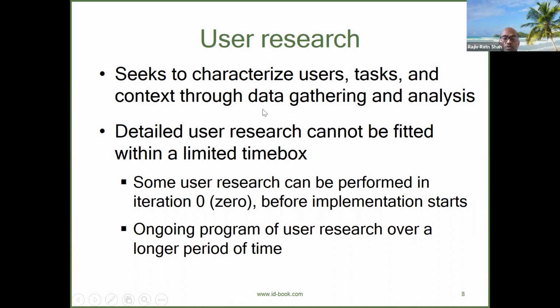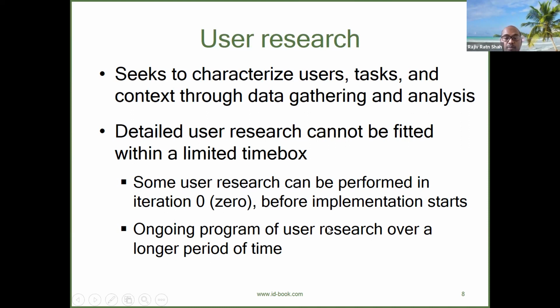In that case, what you can do is spread the user research over different iterations, rather than having a very detailed user research. How about conducting different user research over time? Some user research can be performed in iteration 0 before implementation starts, and then you do the remaining in the next one while testing the iteration 1 outcome, and accordingly you keep improving, keep adding user research and requirements, and by the end of the overall cycle you will get the final product.